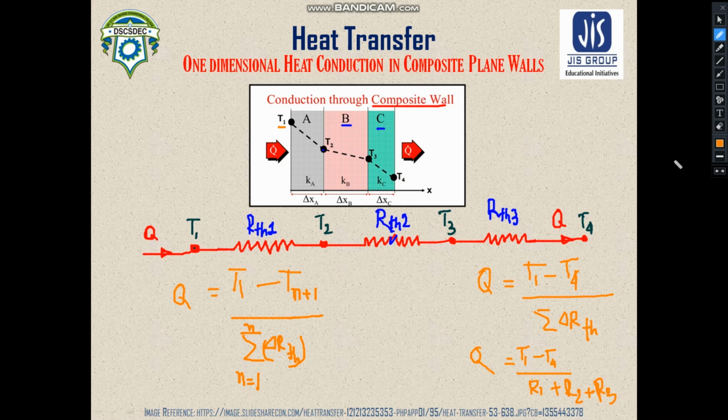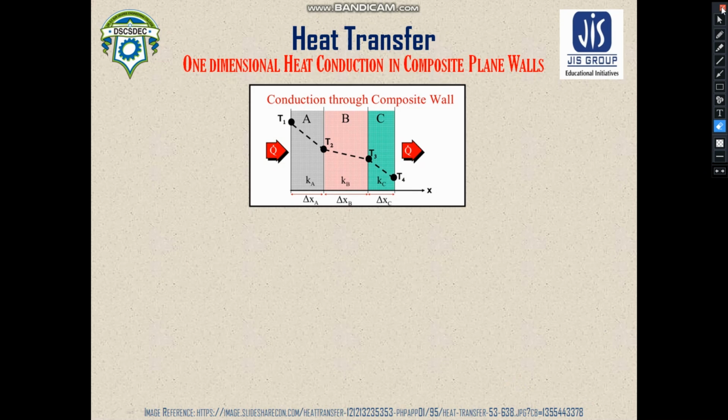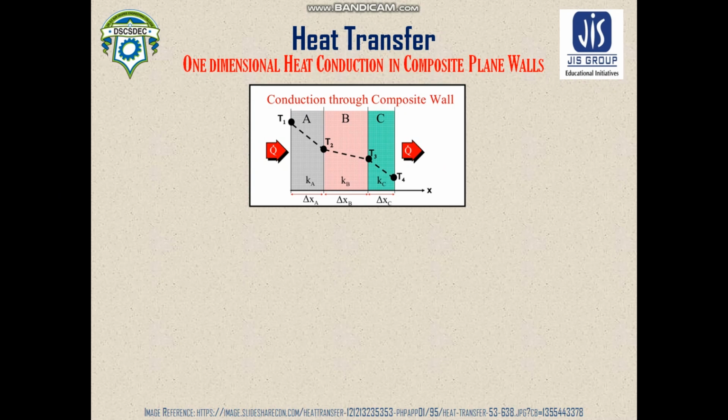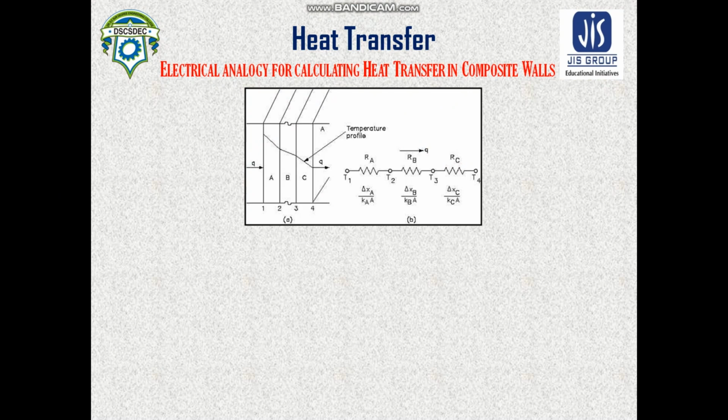We will move on to a different case where we will see that there is heat transfer going on between the system and the surroundings, and the system is represented as a plane one. We have already discussed the concept of electrical analogy, so let us not carry it forward.